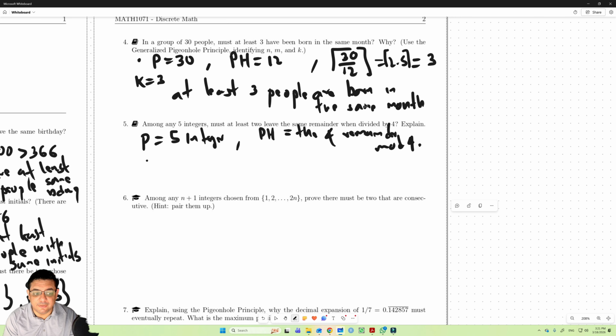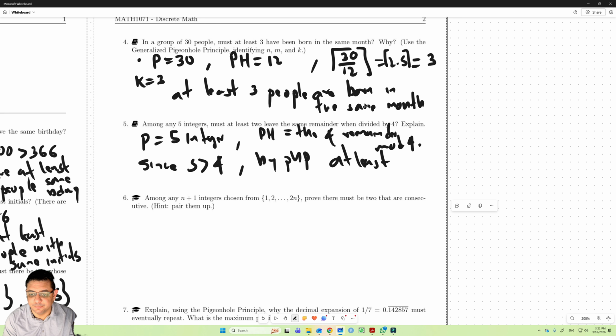So now, since 5 is bigger than 4, by the pigeonhole principle we have that at least 2 integers have the same remainder.